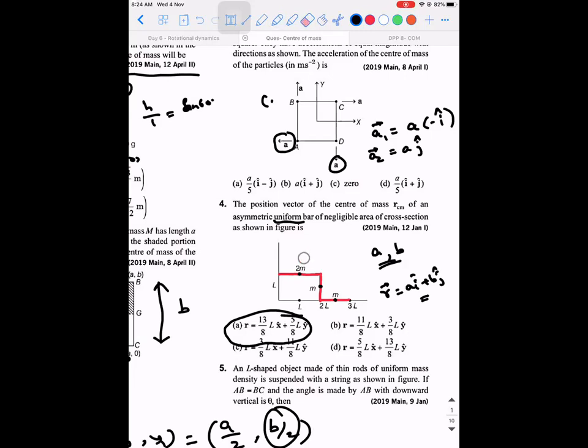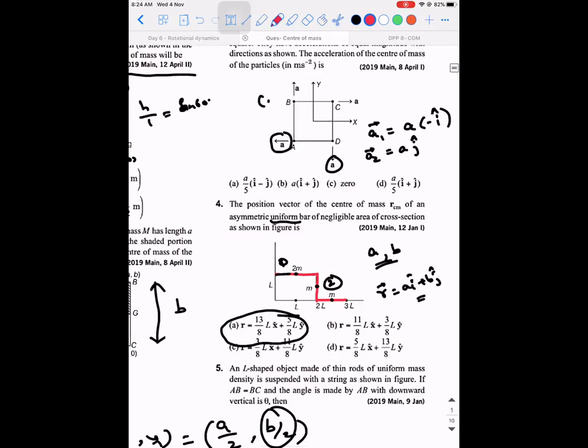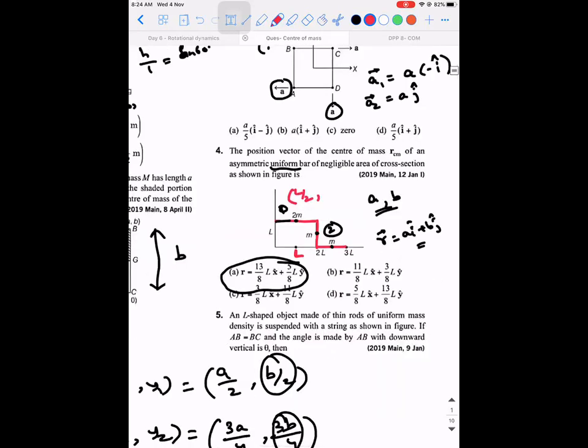I didn't get a response. So listen, what will be the coordinate of the center of mass of the first rod? L, L. Oh, they have given this itself. This whole rod is of length L, right? Then it should be L, comma L. So what are the coordinates of 2m?